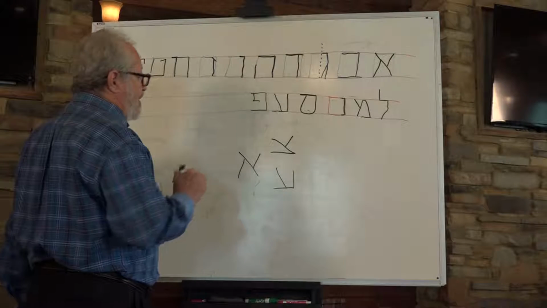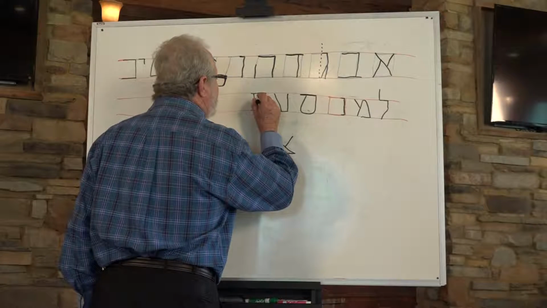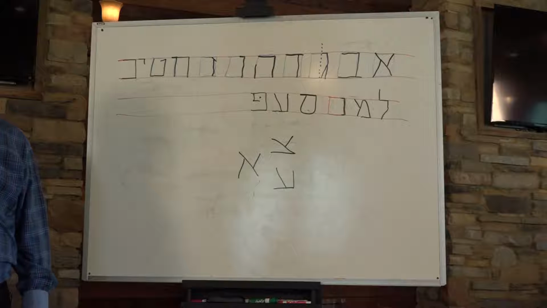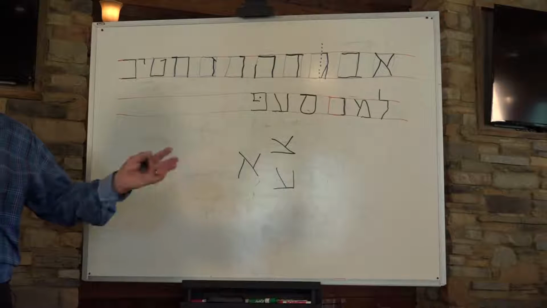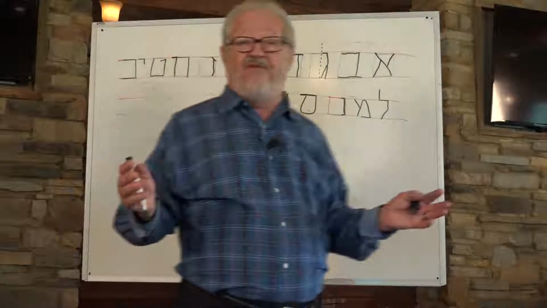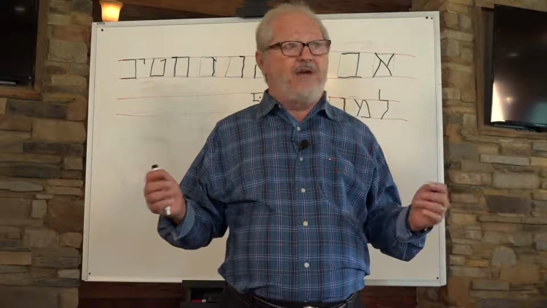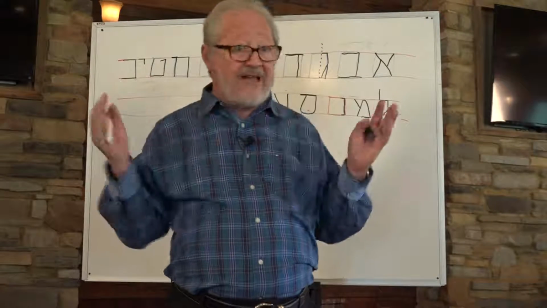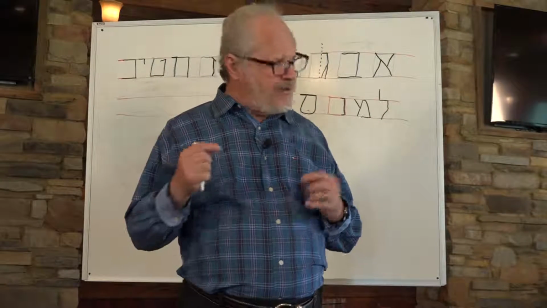Okay? Pei. However, it is a pay with a dot. Without a dot, the sound is F, fe. We don't have a letter in Hebrew called fe. There's no such letter as fe. Okay? But we have a way to pronounce the sound fe. We don't have a letter, but we have a sound. How do we do that sound?